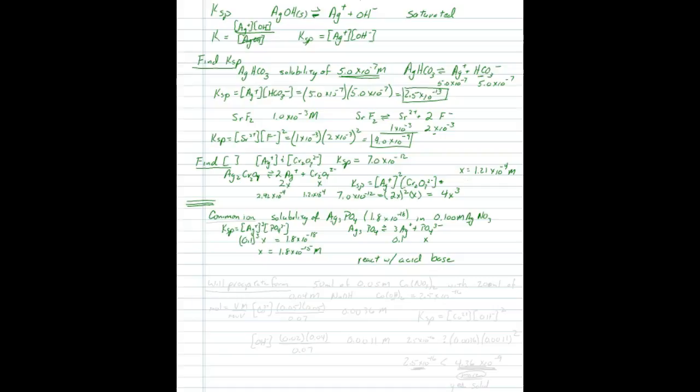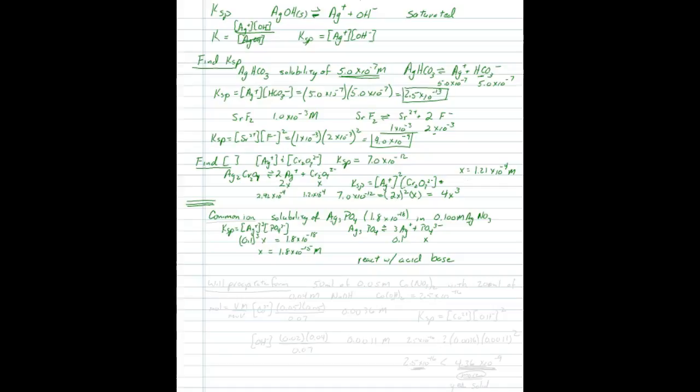If you had a base, it will eat up some of that stuff and it will produce that. It will shift it to the right. So the pH may affect solubility if it reacts with the acid or a base, the form of the two ions.